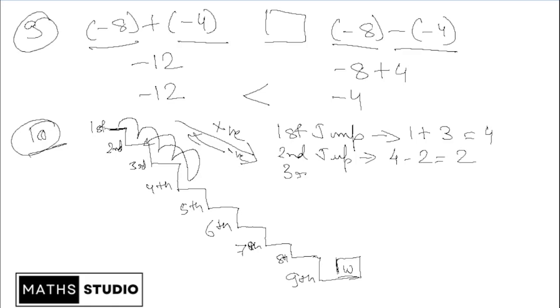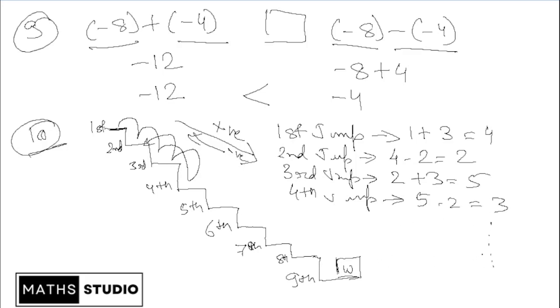Then the third jump, the monkey would be at 2 plus 3, that is 5, and after the fourth jump he would be at 5 minus 2, which is 3. We'll keep on doing this till we reach step number 9, and this will come at the 11th jump. You can do this yourself.